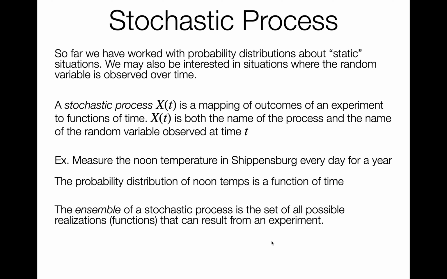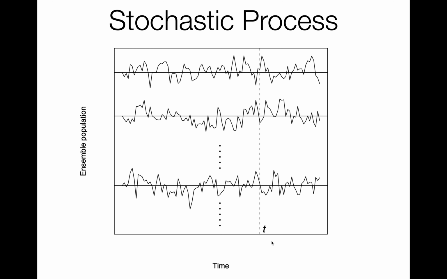And so this is a picture from another setting, and the lines really have no meaning, but I'm taking observations of a variable. You can think of it as temperature at noon every day for a year. I do that once, and that gets me a series of numbers, which are my function.